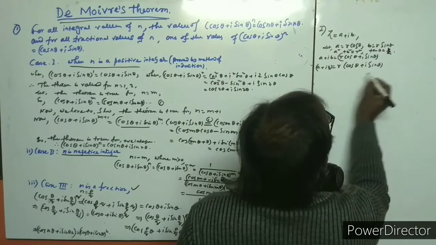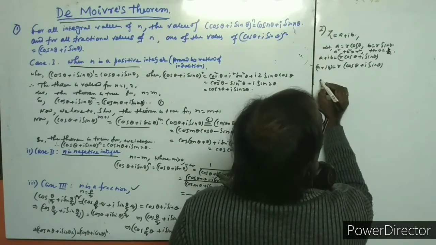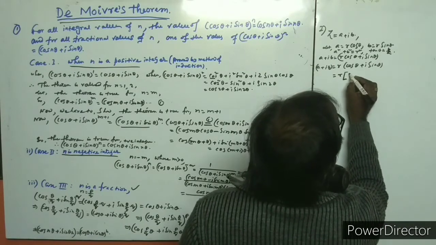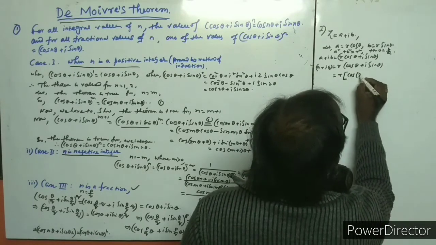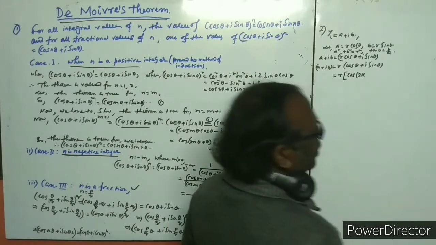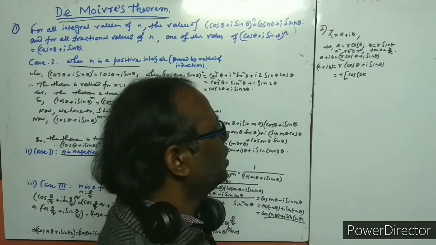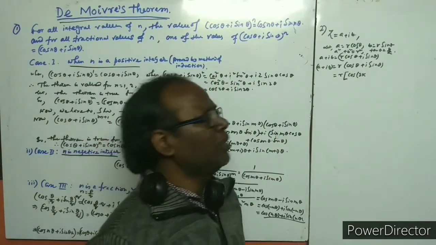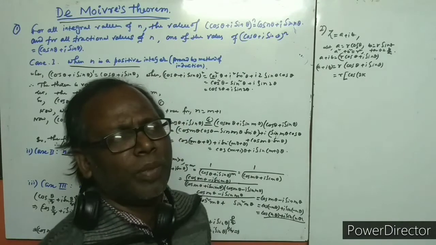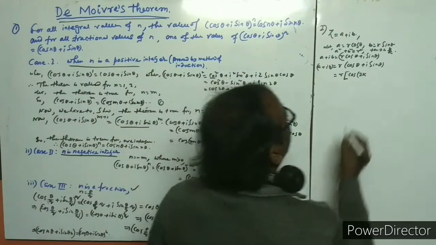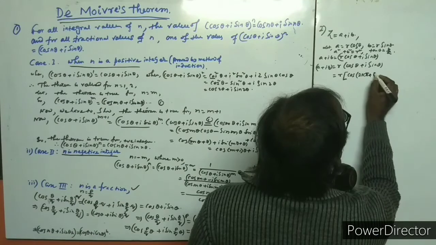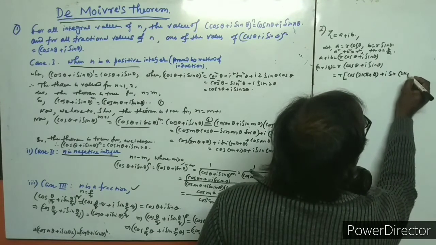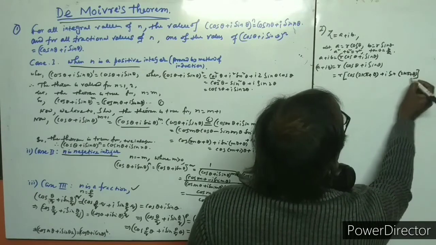Okay, so see, this is the nth root. For the nth root, we can put here in place of θ as 2kπ + θ. If any equation has more than one solution, we have to put in place of θ, 2kπ + θ, like this: i sin(2kπ + θ) here.